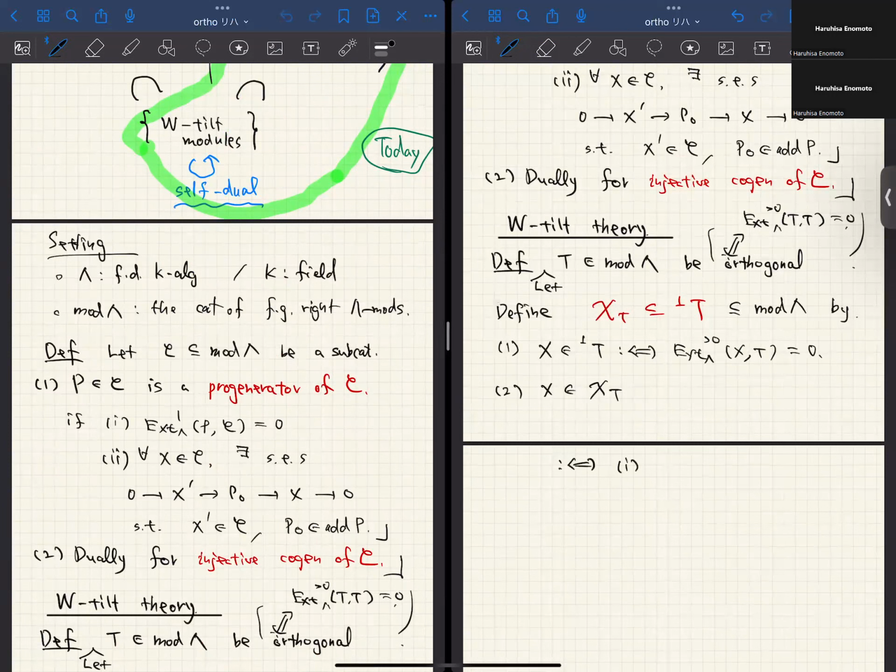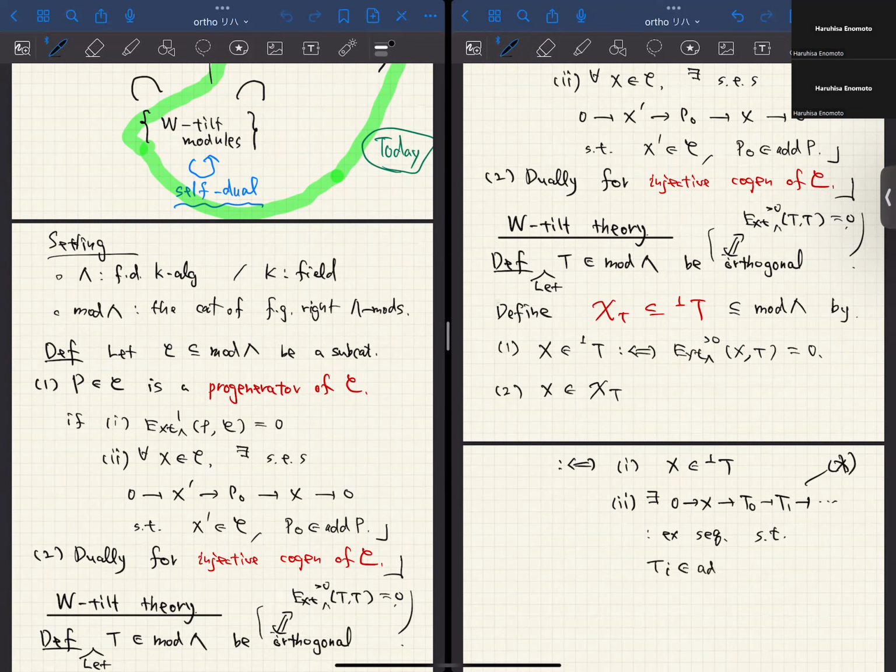First condition is X should belong to this T-perp. And the second condition is a kind of injective resolution of X, the existence of an injective resolution. So namely, there exists a long exact sequence beginning from X, and all the terms are in add T, which I write star, and such that this should satisfy some assumptions.